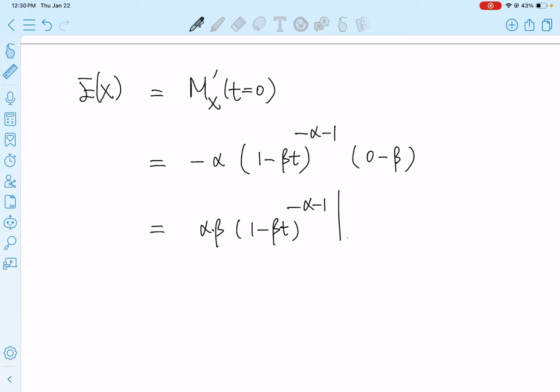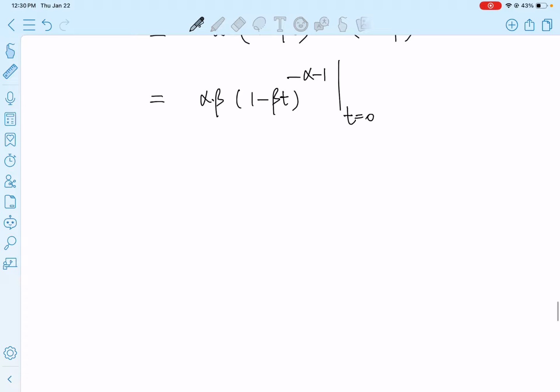Again, we want to evaluate at t equal to 0. We will have alpha beta times 1 minus 0, to the power of negative alpha minus 1.